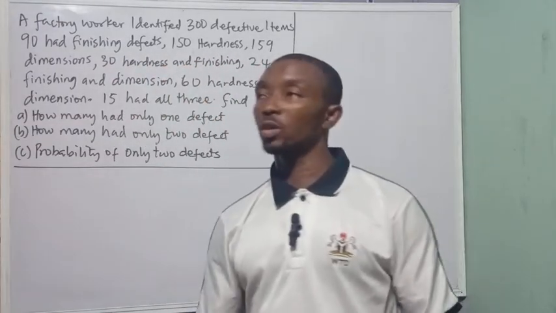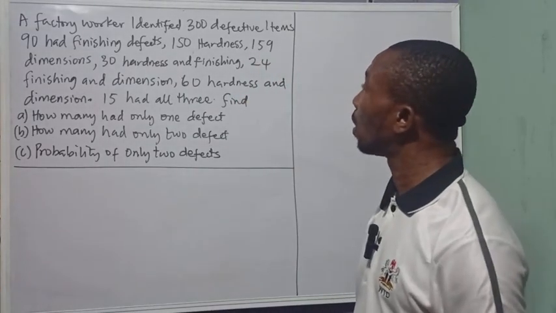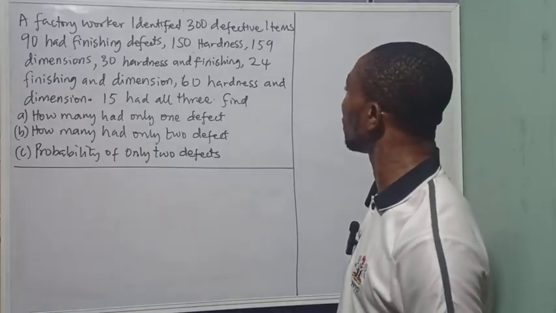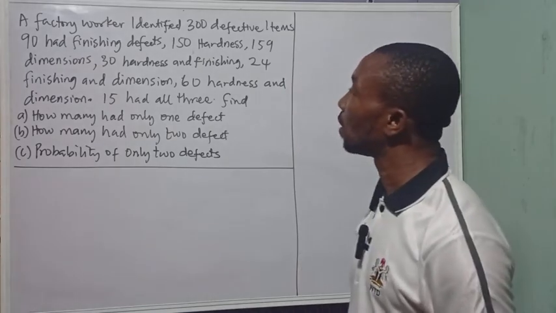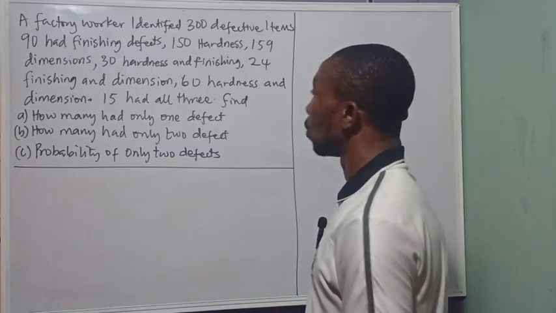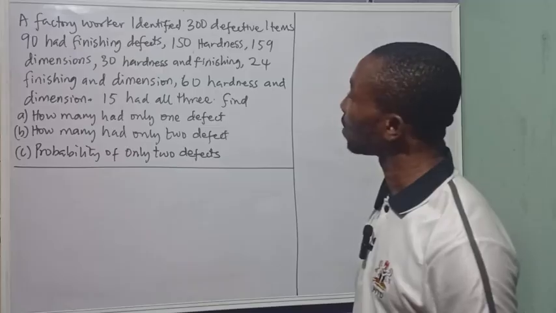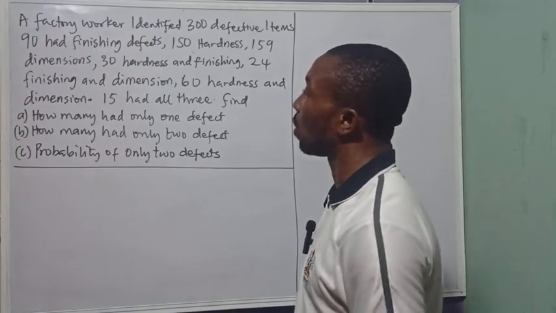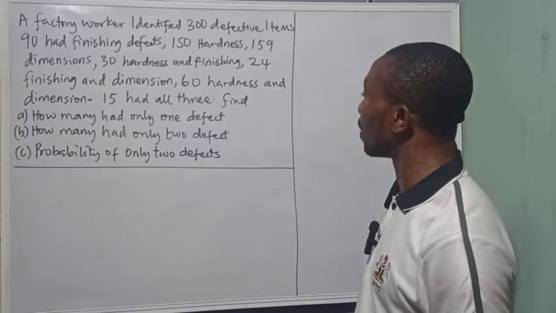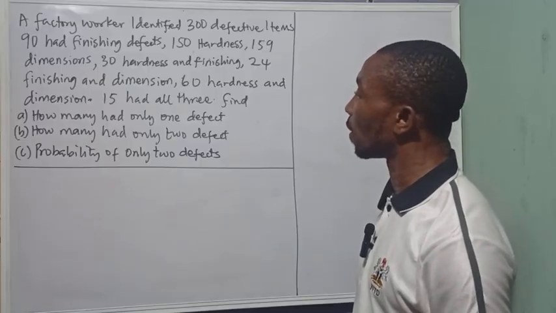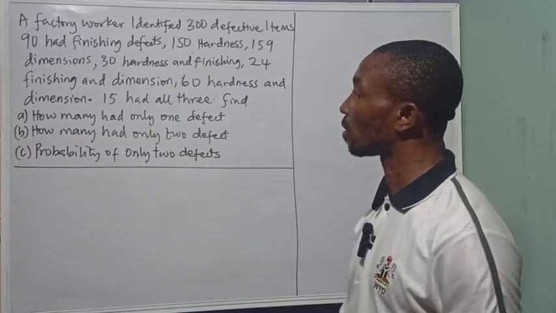Okay guys, so our next question, which is on sets, says a factory worker identified 300 defective items: 90 had finishing defects, 150 had hardness defects, 159 had dimension defects, 30 had hardness and finishing defects, 24 had finishing and dimension defects, 60 had hardness and dimension defects, and 15 had all three defects, that is finishing, hardness, and dimension.